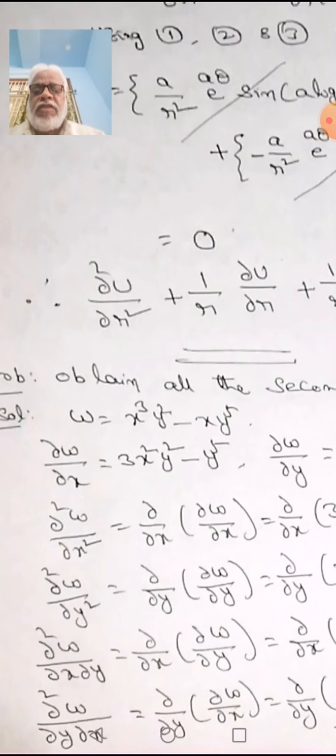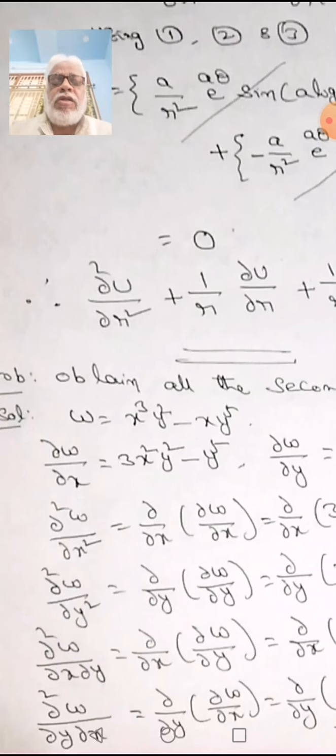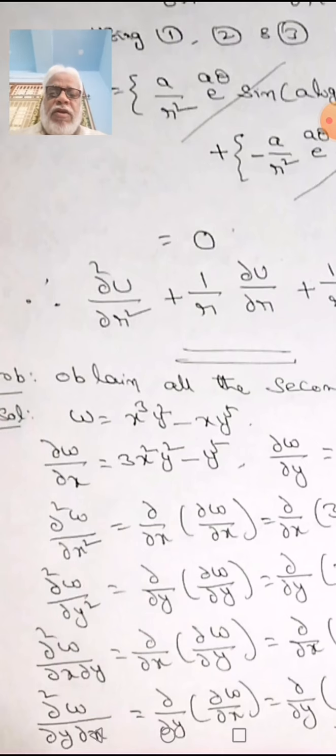The function w is a function of x and y, so we want to find ∂w/∂x, ∂w/∂y, and ∂²w/∂x², ∂²w/∂y², ∂²w/∂x∂y, and ∂²w/∂y∂x. These four terms we want to find here.